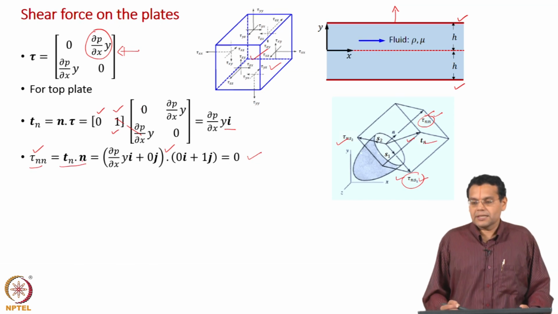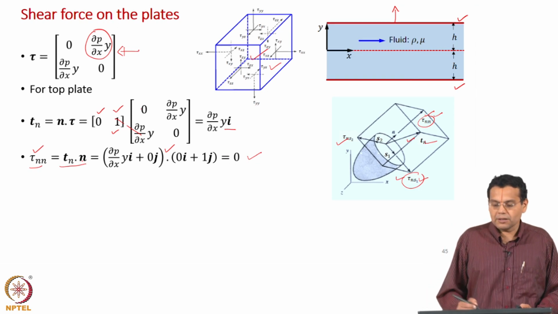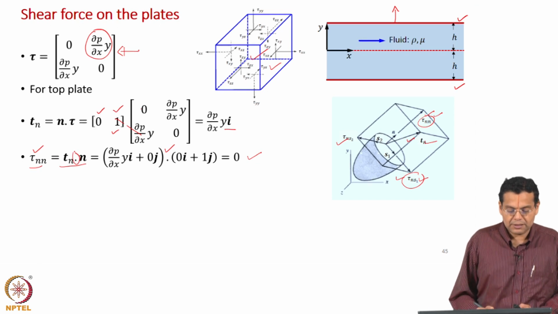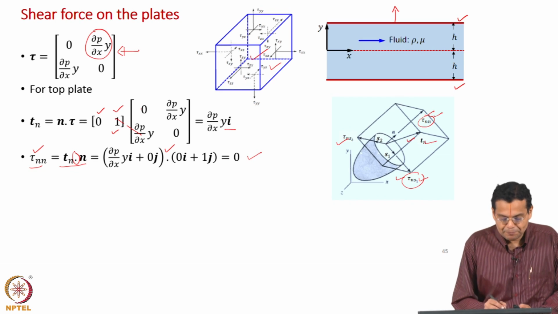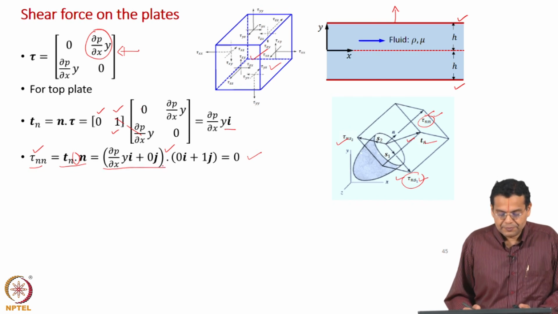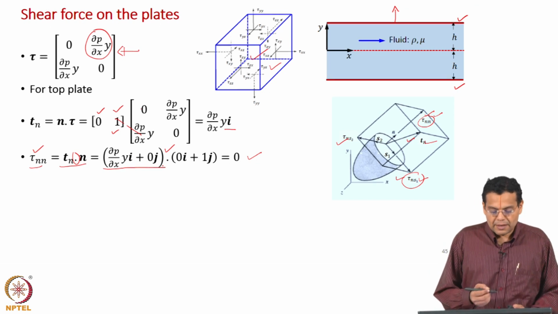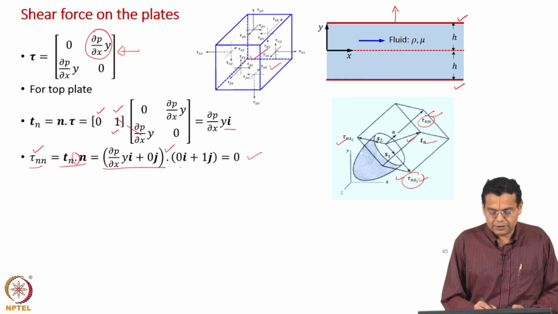So normal stress is nothing but the projection of the stress vector along the normal, which means we have to just take a dot product, and that is what we are doing. Stress vector dotted with n vector, and the stress vector we have just found out is dou p by dou x y i plus 0j, dotted with the n vector, which is of course 0i plus 1j.